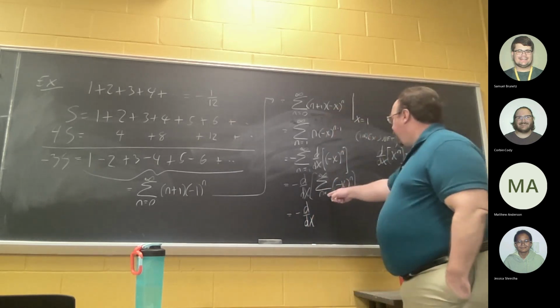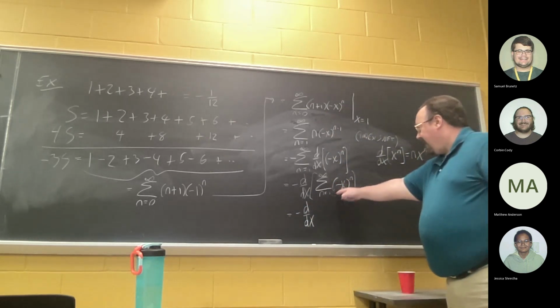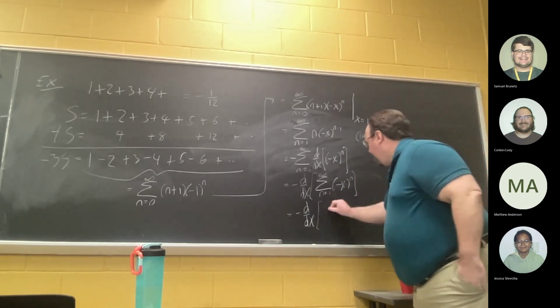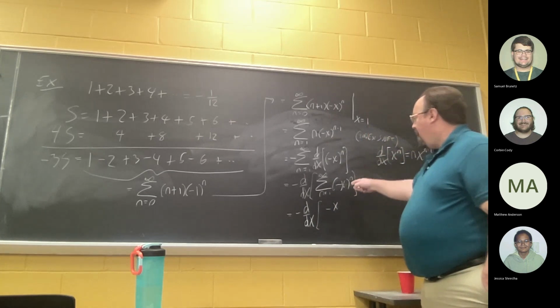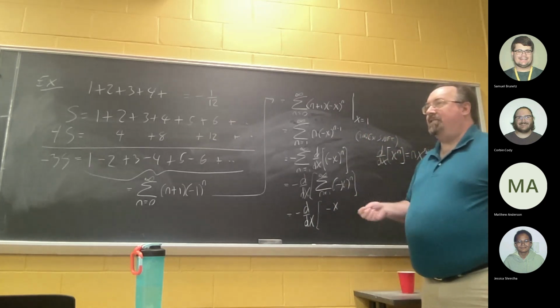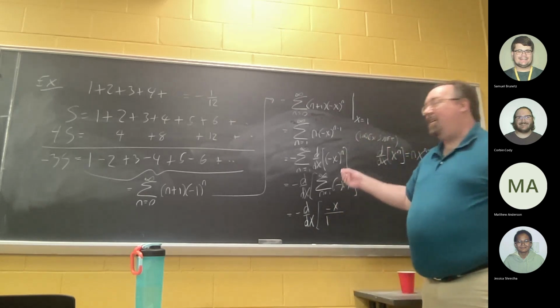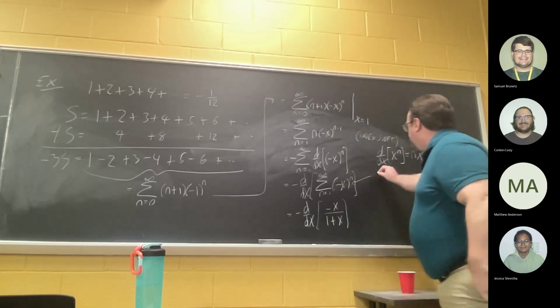So the first term in this series, I would plug in n equals 1. The first term would be minus x. And then we have r is minus x. So we have 1 minus r, which is 1 plus x. So this is a geometric series.